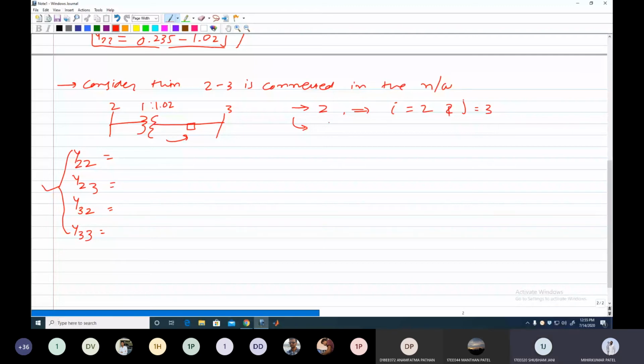Very good. For calculating this kind of problem, for the lower bus number we consider i equal to 2, and for the higher number j equal to 3. Just calculate the value of Y22.